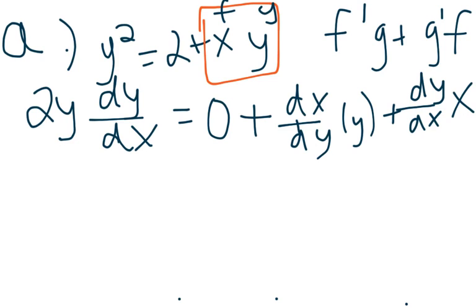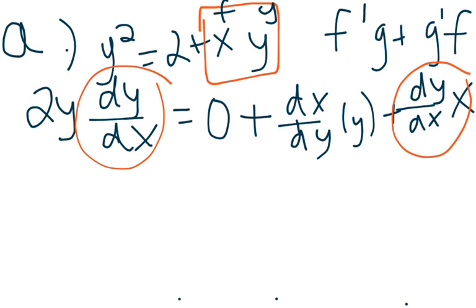Alright, so for the next step, we know that these two need to be together, correct? Alright, so we'll subtract it to take it to the other side. So subtract dy over dx times x.